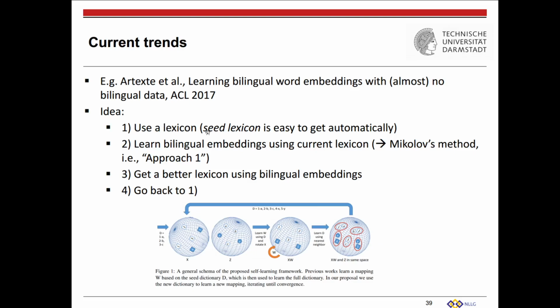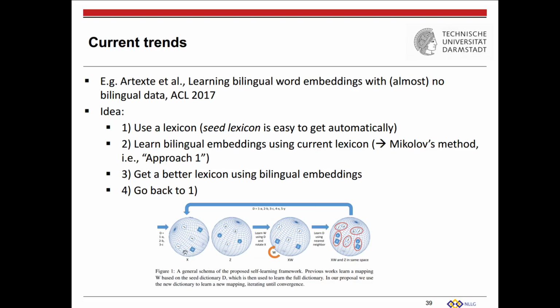They use a seed lexicon, a small dictionary, and this initial lexicon can really only contain, for example, corresponding punctuation across two languages, right? So this we can get more or less for free. Then we learn bilingual embeddings using the current lexicon. That's the Mikolov approach. And then we get a better lexicon from these bilingual embeddings, and then we iterate, right?